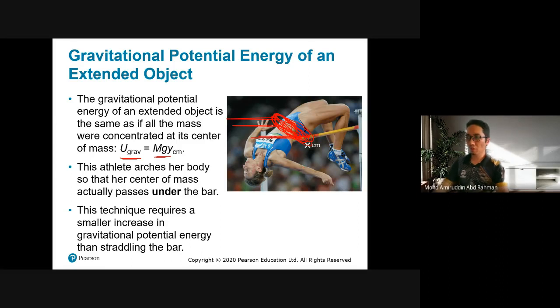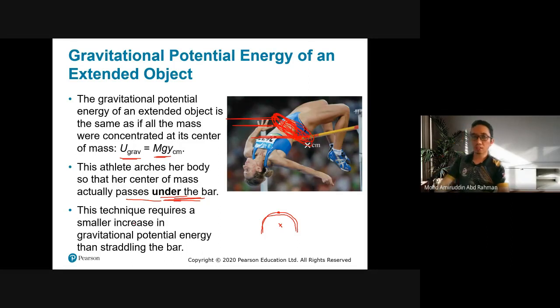So for example here, the athlete arches her body so that her center of mass actually passes under the bar. You look at this body: when it is like that, the center of mass of this object is over here, somewhere over there.